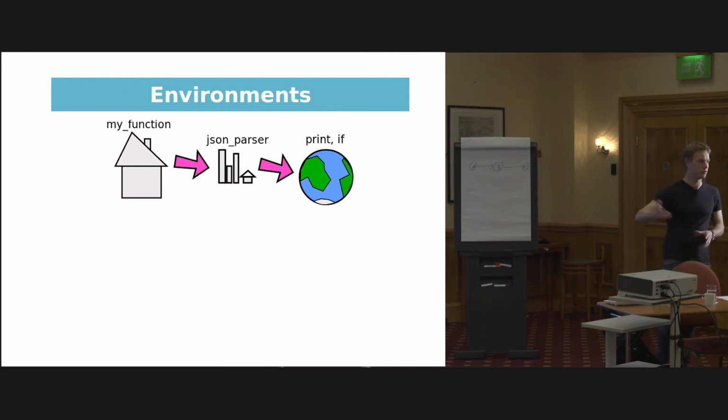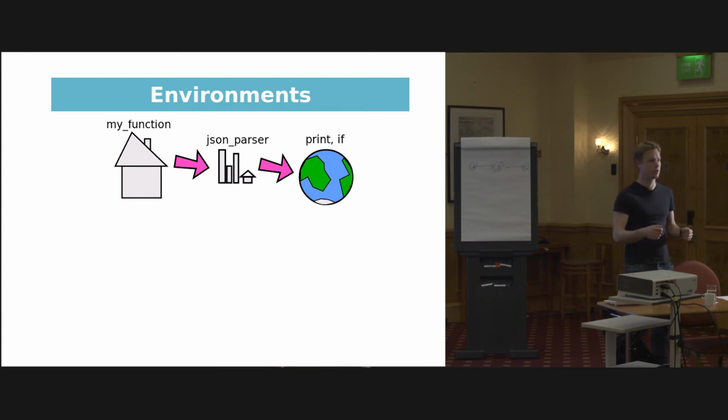So you might have a function called myFunction that you can see from where you are. But then your house is in a city, and you can see all the things in your city. So you might be using a library which has a JSON parser in it. And you can see that from where you are. And then the city is in a world, and you can see everything in the world. So the standard library functions are visible to you from wherever you are.